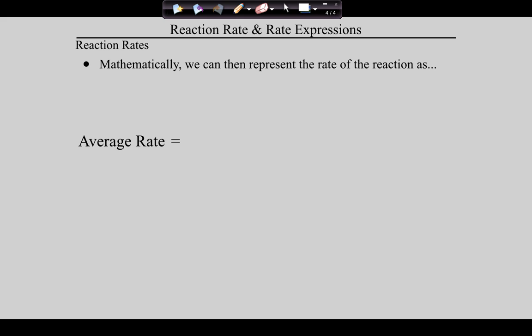I told you that we use the example of moles per minute simply because it allowed us to talk about the mason jars. Those are actually not the units that we're going to use, but this is the way we're going to represent this mathematically.